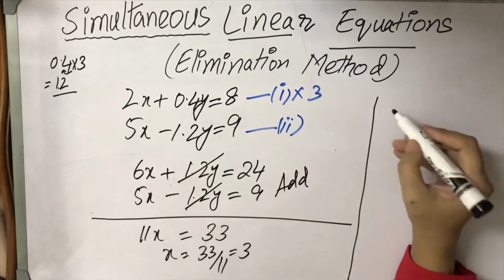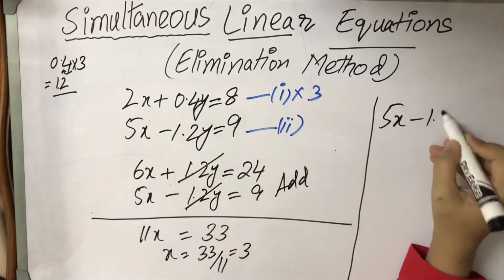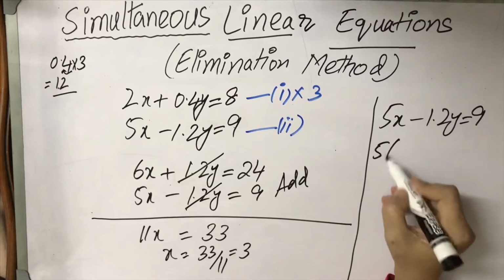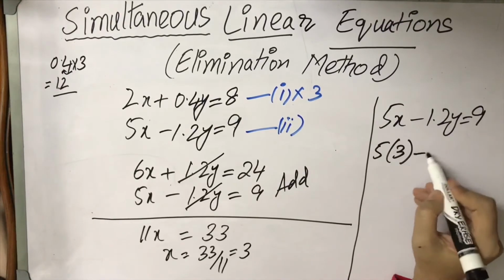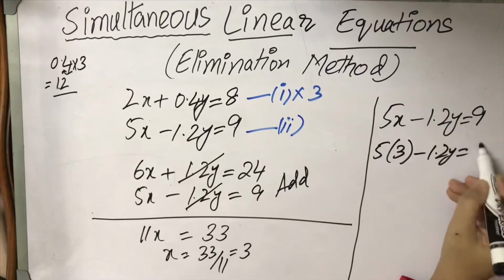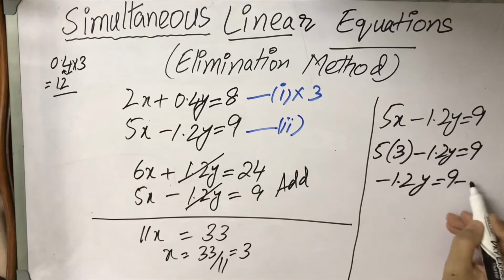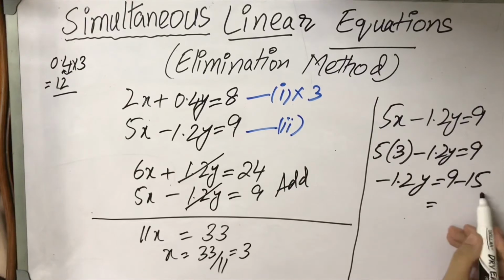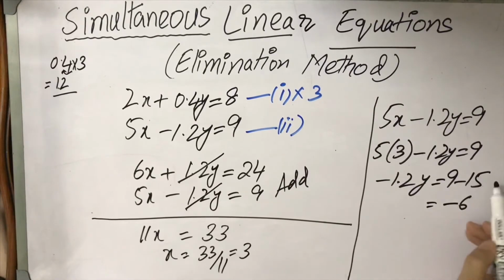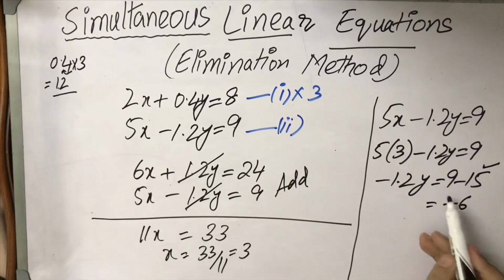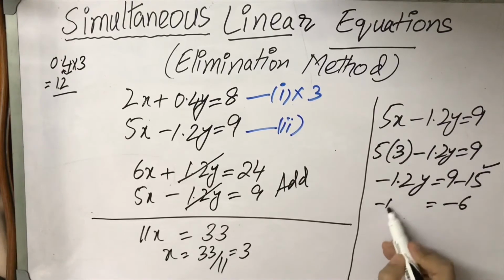This time I am again taking the second equation to find the value of y. 5 into 3, the value of x, minus 1.2y equals 9, minus 1.2y equals 9 minus 15. 9 minus 15 is minus 6. As 15 is bigger with the negative sign, our answer will be negative. They have opposite signs, so we have to subtract.